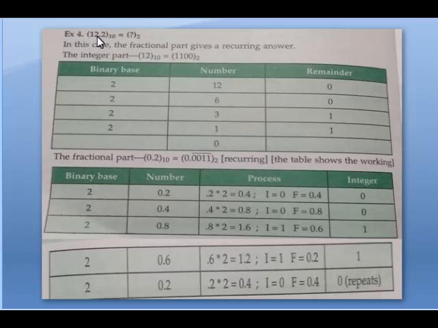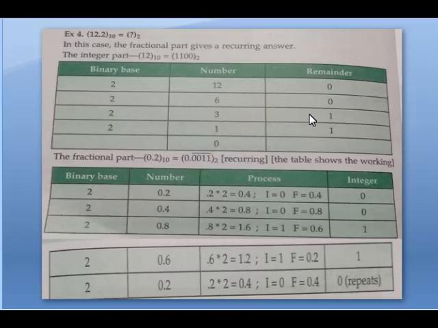Okay. First we have to find out the binary equivalent of the integer part, that is 12. You already know how to find out the binary equivalent of this integer part. Okay, the same way you have to find. Next is we are going to find out the fractional part binary equivalent.